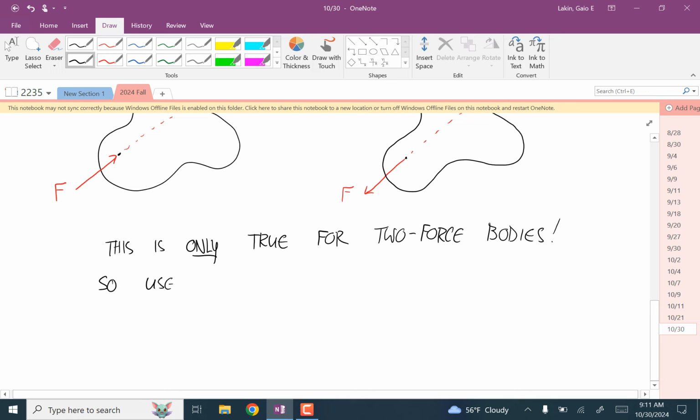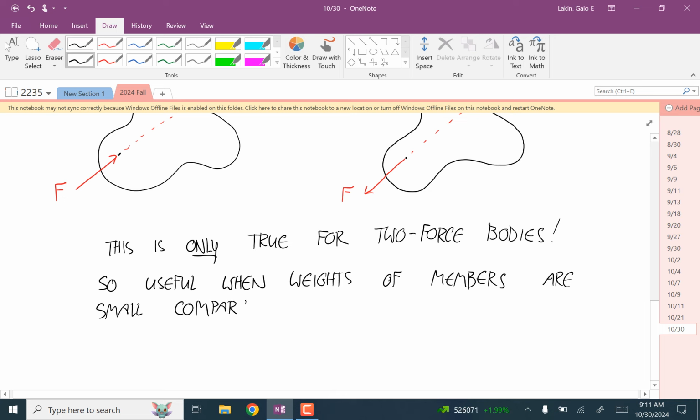So this is useful when the weights of the members are small compared to the external loads.